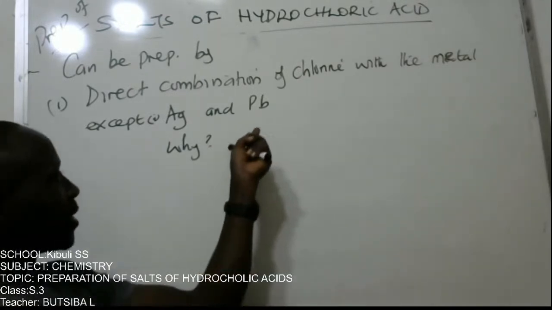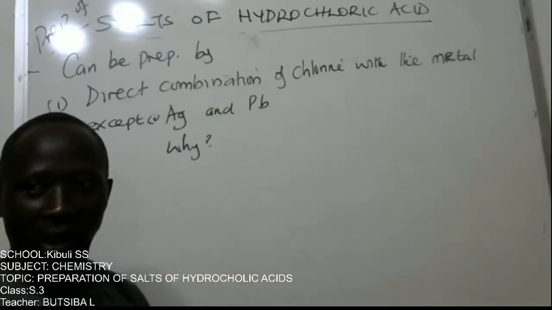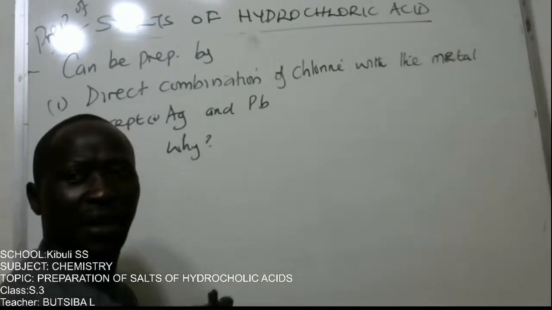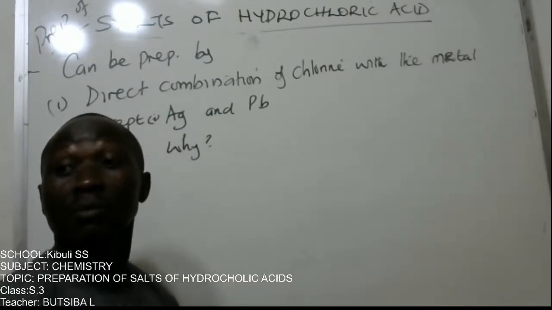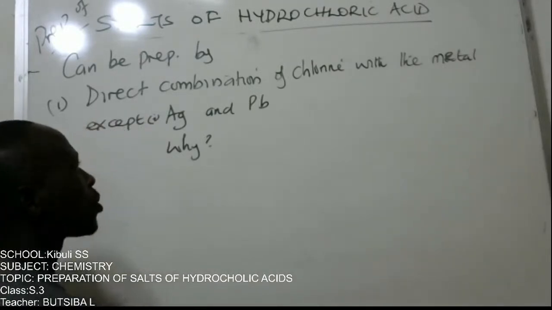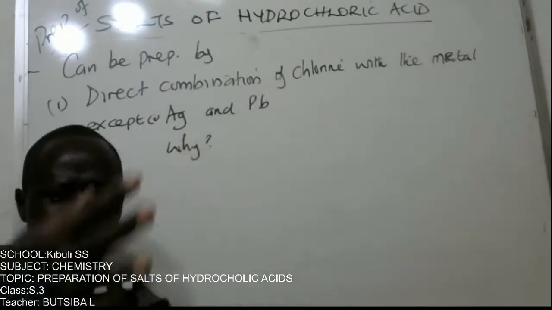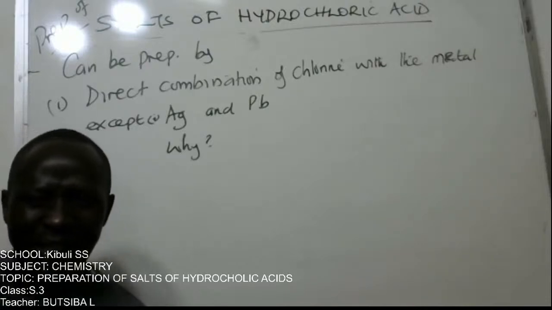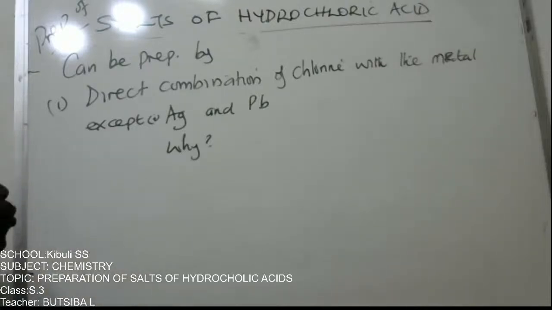We said lead 2 chloride and silver chloride are insoluble. So the reason is the reaction doesn't take place because the salt being formed is insoluble. So we shall have lead outside being coated with a layer of chloride and stopping the reaction from further taking place. So why?